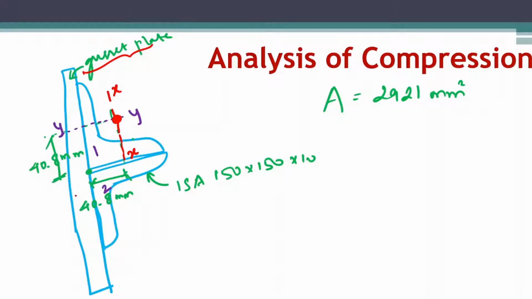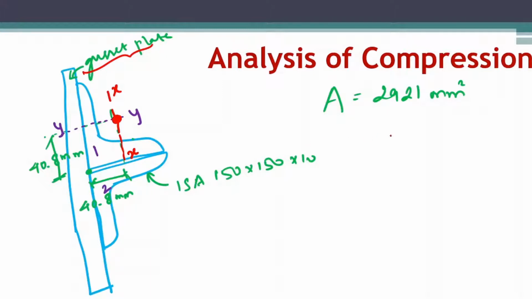It won't run throughout the length of the column. So we should not include the strength of the gusset plate when calculating the strength of the compression member. So here the compression member is only two angles connected back to back. So we know the individual angles' axes. If you combine them together, then what happens to the moment of inertia and the axis? Yes, the axis will shift.